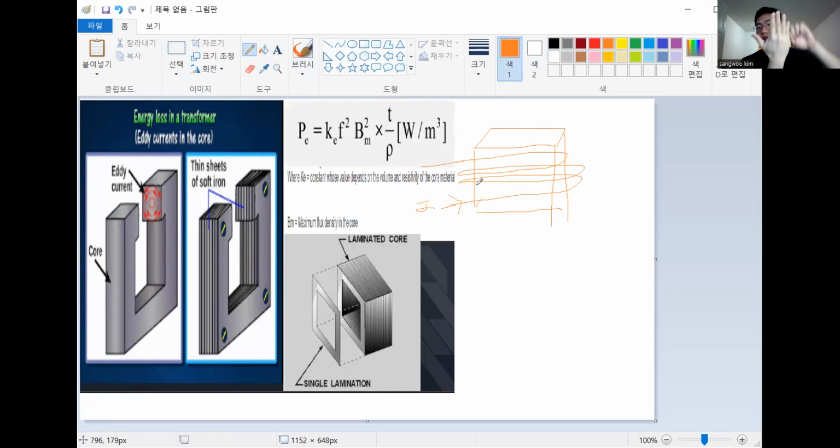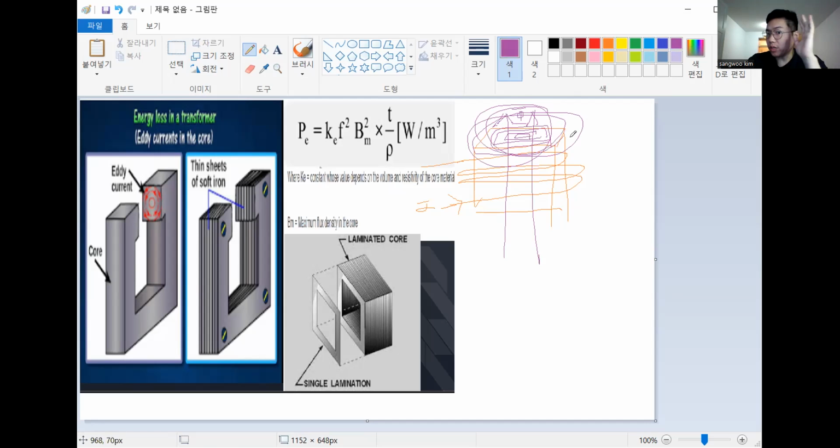The flux goes this way, right? The matter is that eddy current happens here. But this part is too big, so the eddy current is too big.